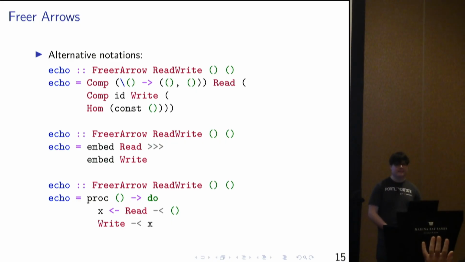One more question. You have this arr constructor where you can lift any Haskell function into your freer arrow. Do you find that compromises your ability to perform static analysis? Yes, it definitely does.